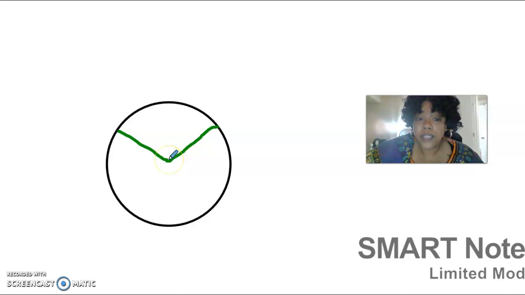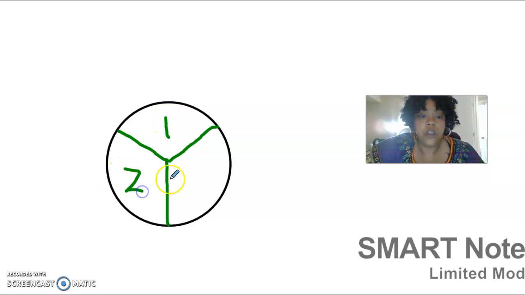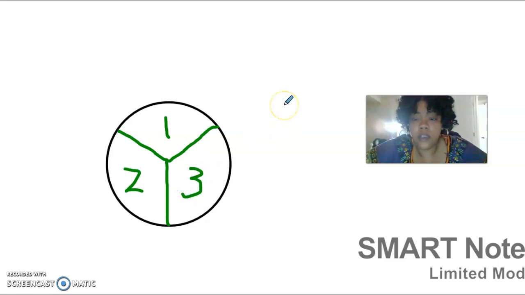Then I'll go to the middle again, and this time to make the bottom part of my Y, I'm going to start in the middle and go down to the edge of this circle. Now, that drawing's a little off, but for the most part, these parts are equal, and I have 1, 2, 3 equal parts.